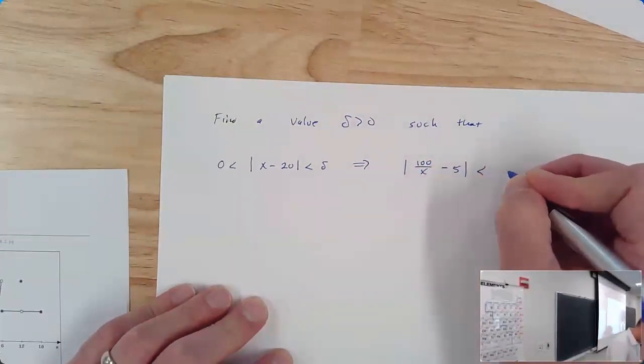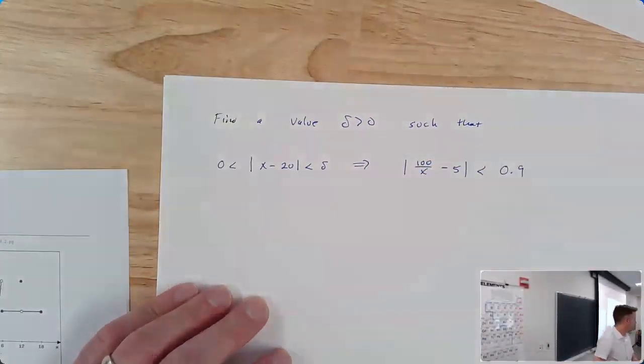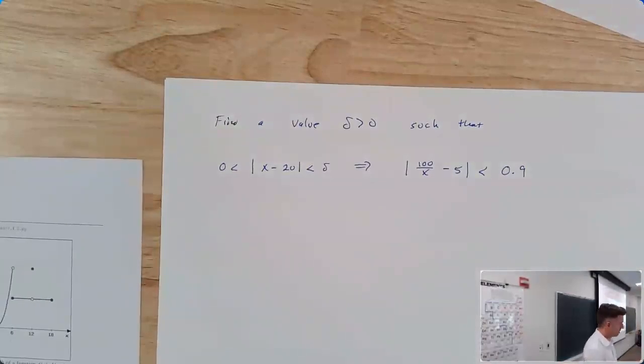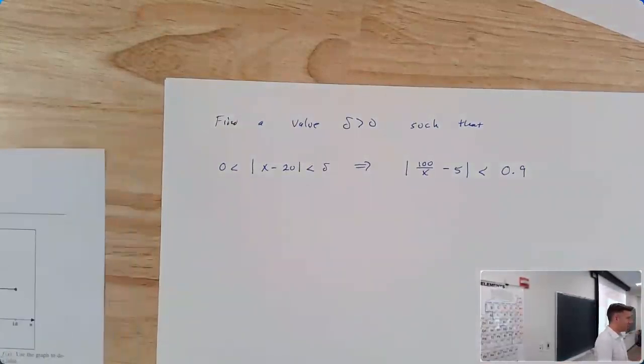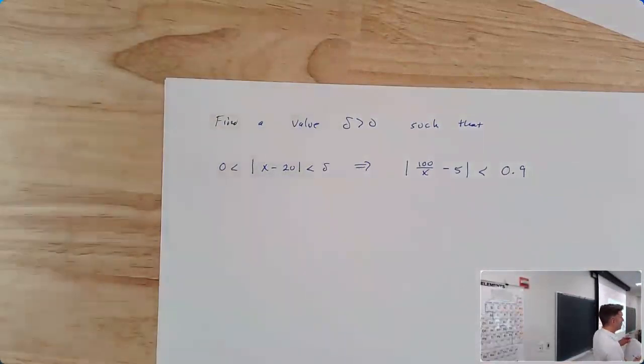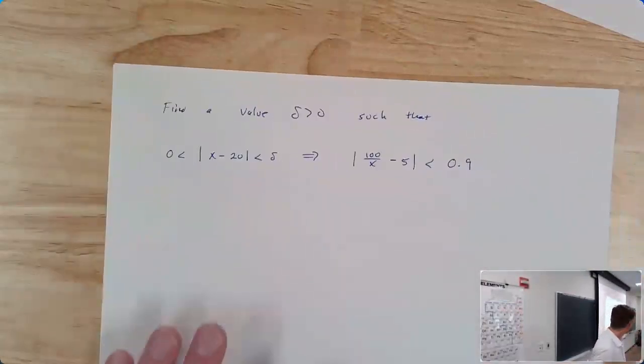And we're going to set a value for epsilon of 0.9. So this is a common WebWork question to get at how you do this delta-epsilon sort of proof.